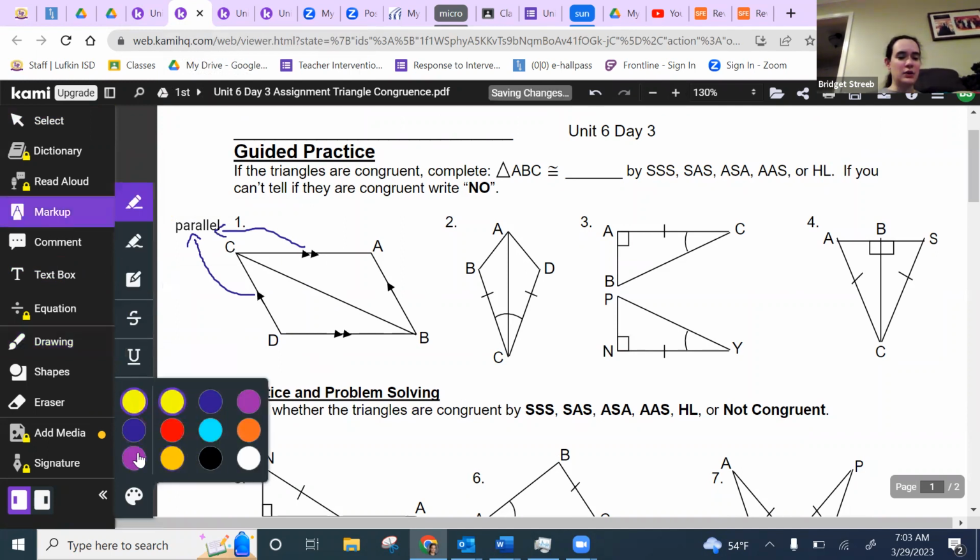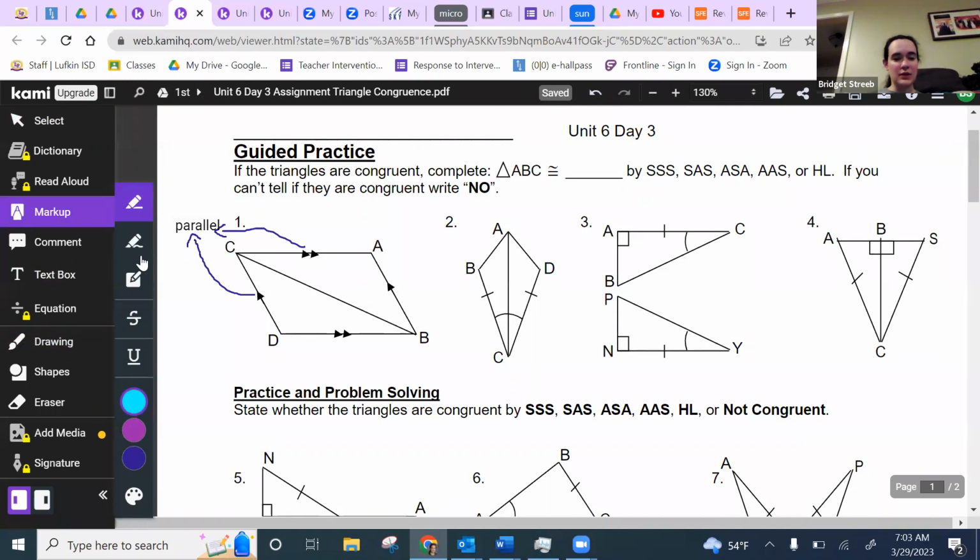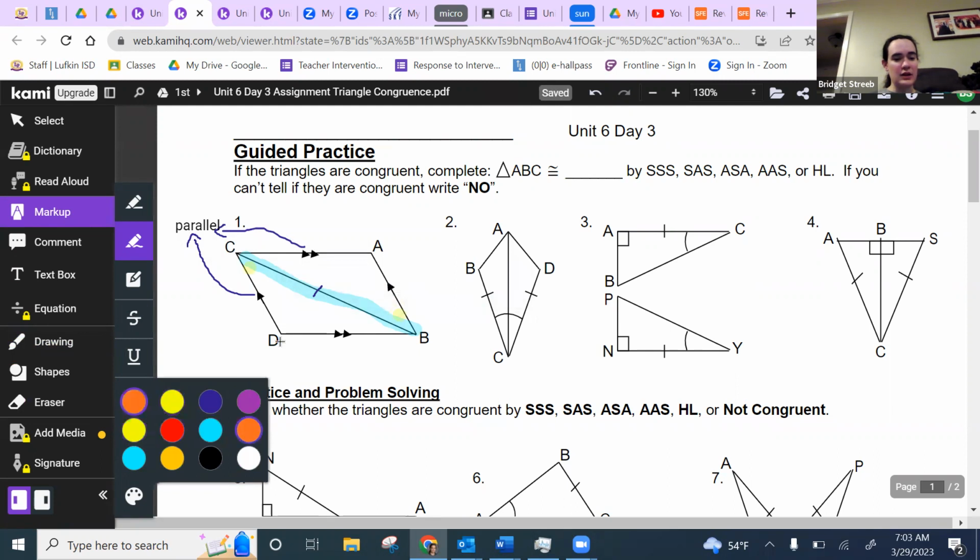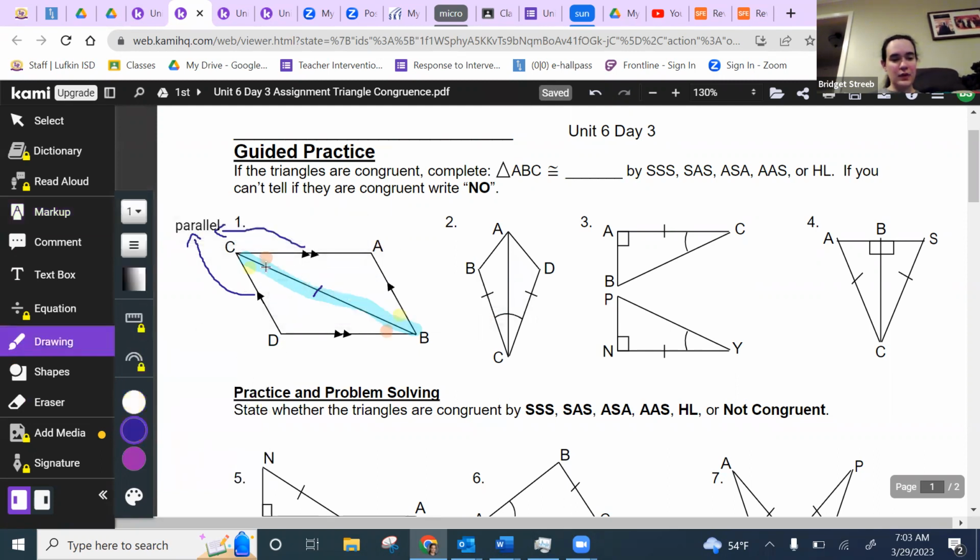But what I do know is that this side in the middle is congruent to itself, so I can mark it. I can also mark my alternate interior angles because we have parallel lines being intersected by a transversal. So we have two sets of angles that we can mark because we have alternate interior angles.